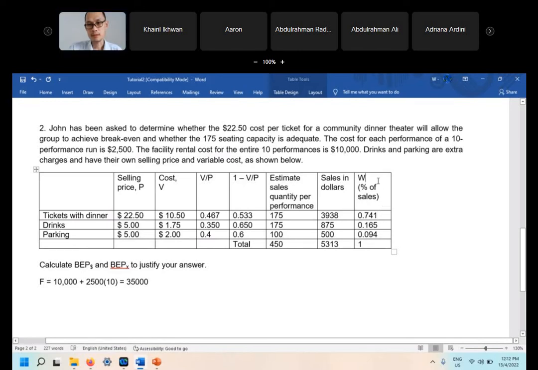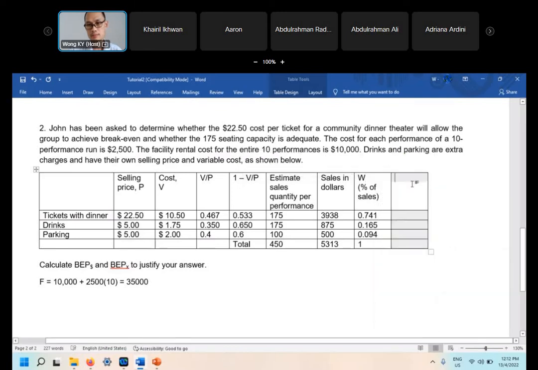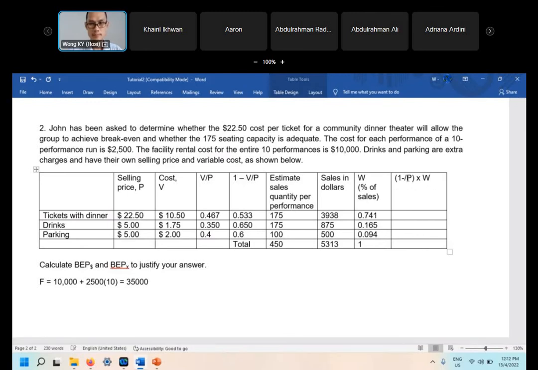And once we have done this, create another column, calculate 1 minus V divided by P times the weightage. So it's basically this column multiplied with this column.